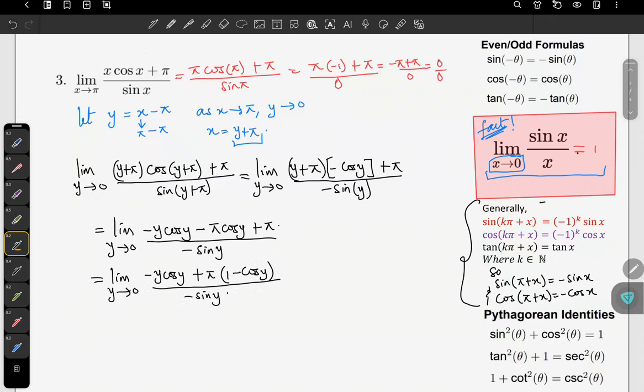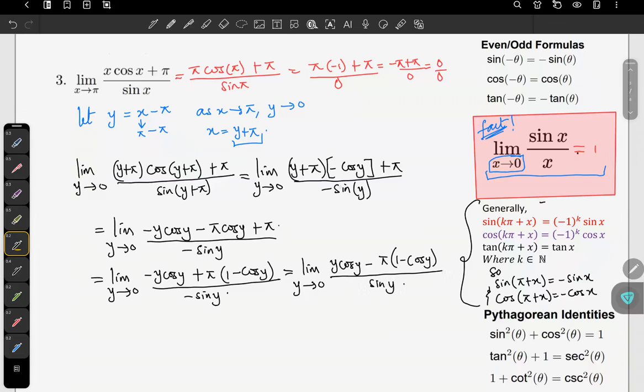And here we can make use of the negative signs. If we factor out the negative sign in the numerator, the negatives cancel. So we have the limit as y approaches 0 of y cosine y minus pi times (1 minus cos y), all over sine y.